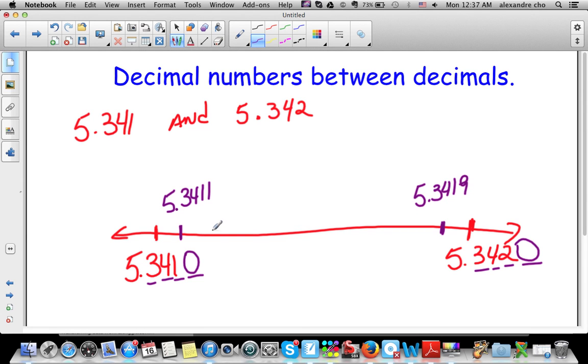Okay, I'll do one more. This would be 5.3412. Next one will be 5.3413, and so forth. Okay, we're going to do a couple more.